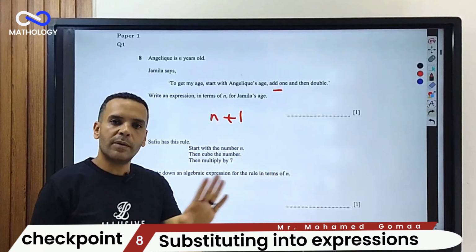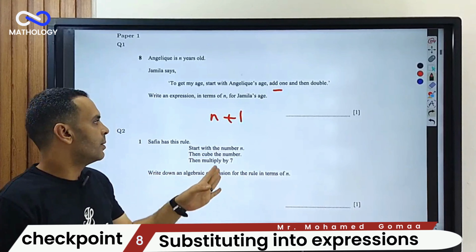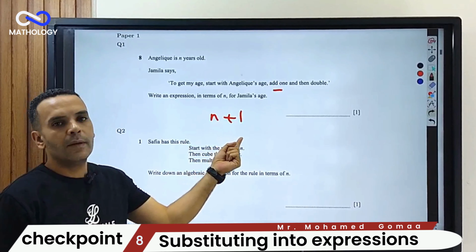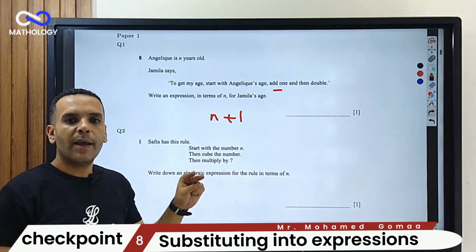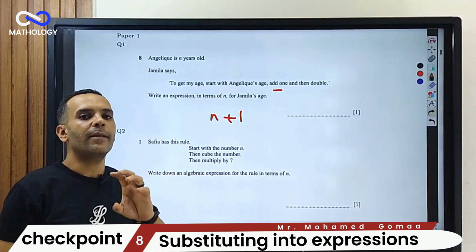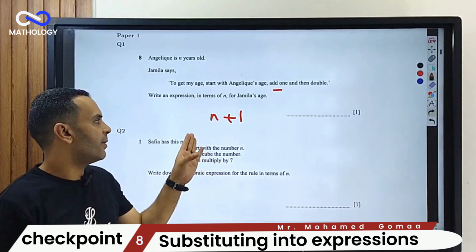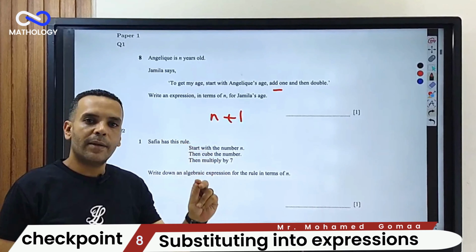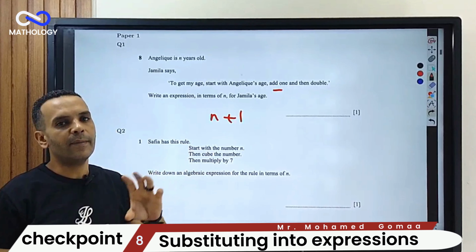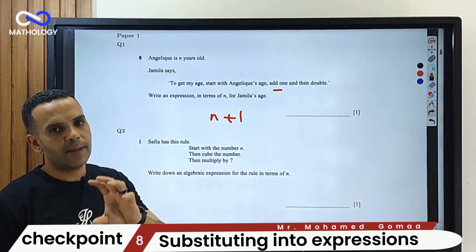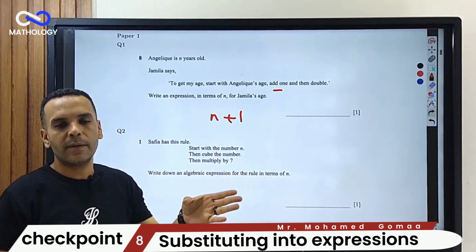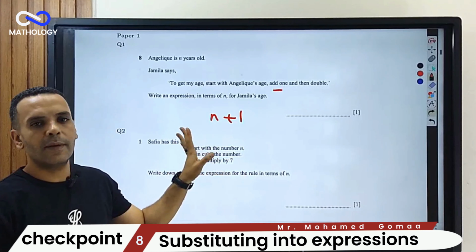n plus 1 doesn't equal n. Why? Because n and 1 are not like terms. We add or subtract like terms, which have the same letters and the same power of the letters. n and 1 are not like terms, so leave it, n plus 1.